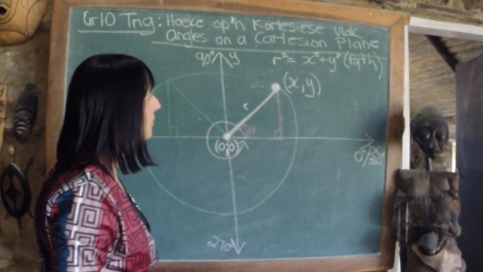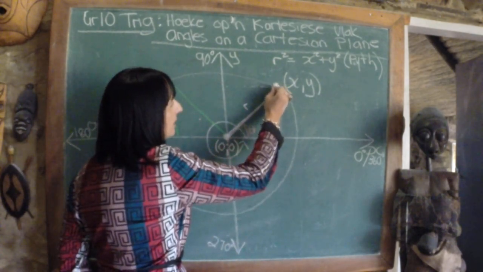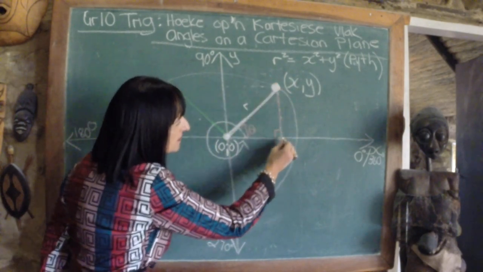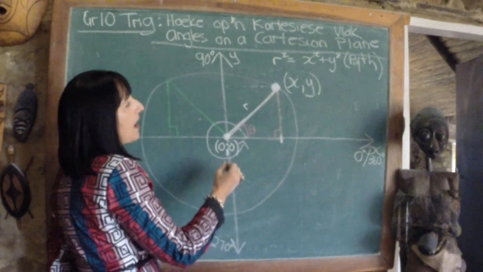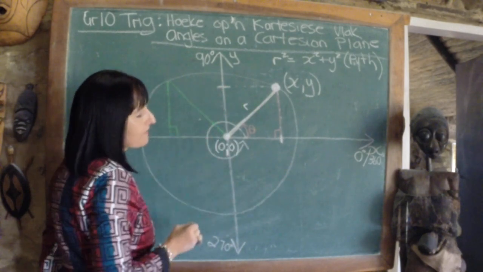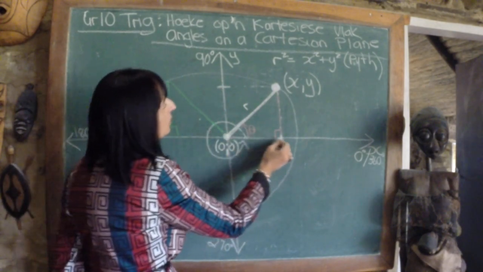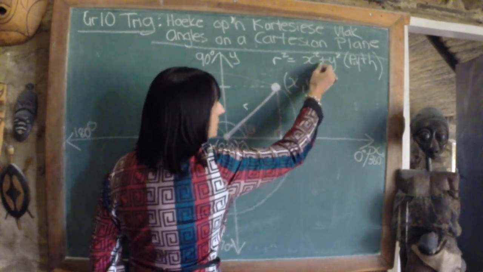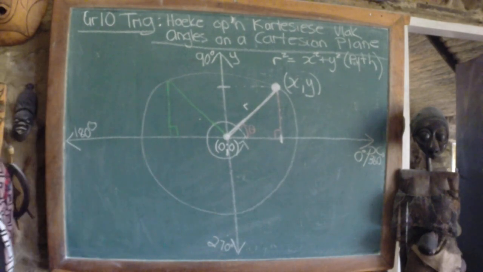Onthou julle, ons het op die Kartesiese vlak in graad 9 en in graad 8 het ons koördinate gekry, altyd eers my x waarde and then thereafter my y value. And that is how we determine our r length by using Pythagoras.